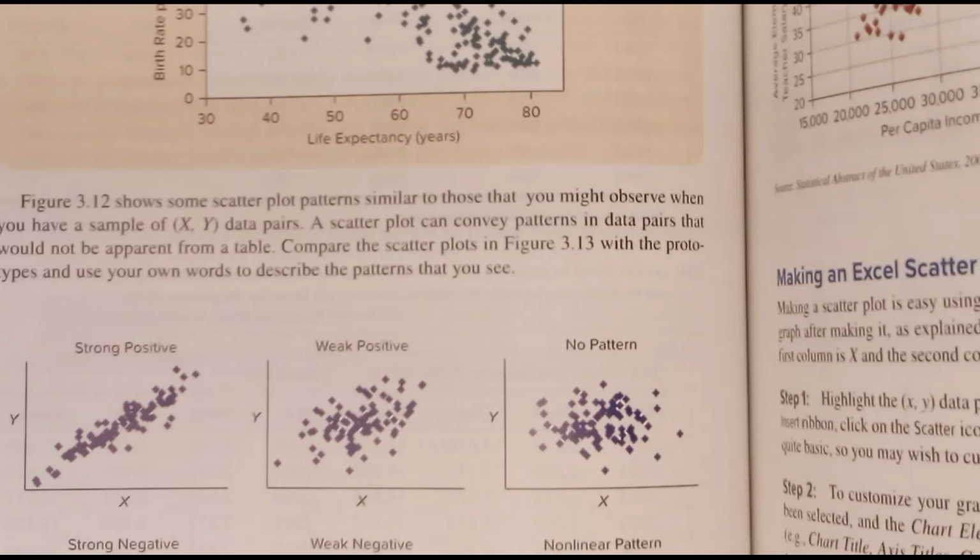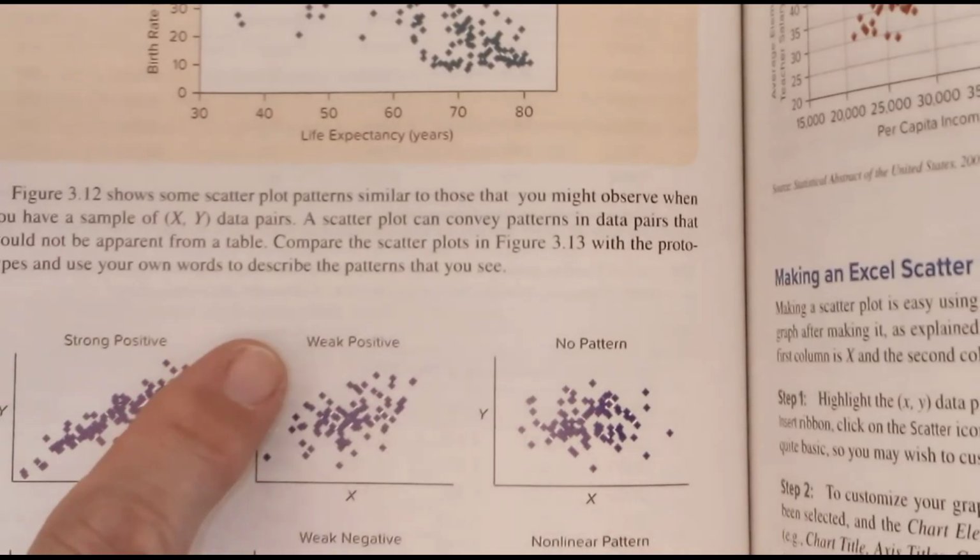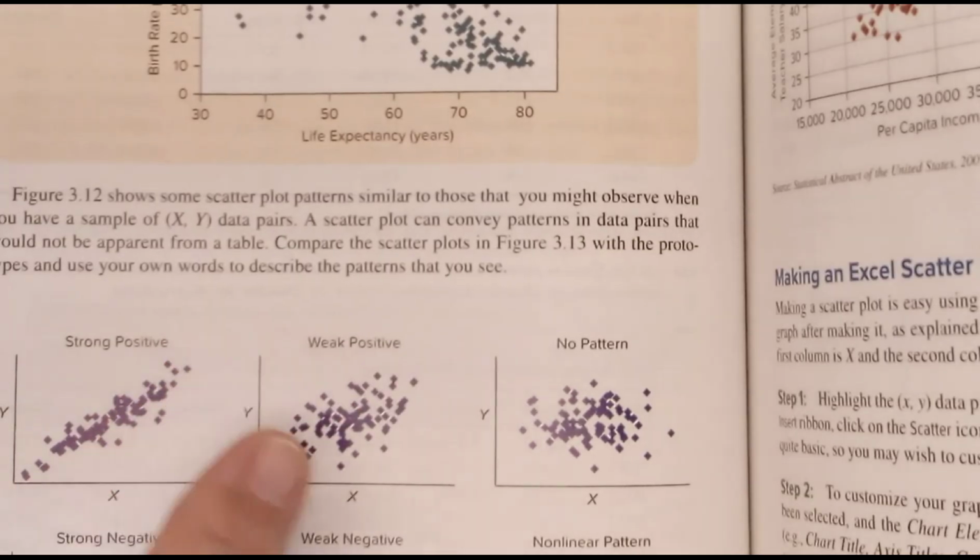There doesn't appear to be a relationship. Although weak, positive, and no pattern, those don't look all that different, do they? I mean, okay, wait a minute. There's a little more down here that isn't here. There's a little more up here that isn't here. So maybe these are kind of bundled a little bit tighter.